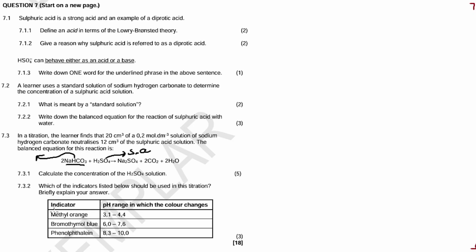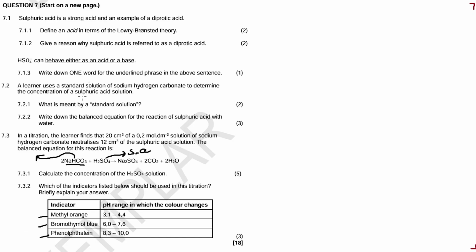There's something you need to understand about where each of our indicators works. Methyl orange is suitable for a certain type of reaction, for a certain acid and base. Same goes with bromothymol blue and phenolphthalein. So my Google search says sodium bicarbonate, or sodium hydrogen carbonate, is not a strong base.